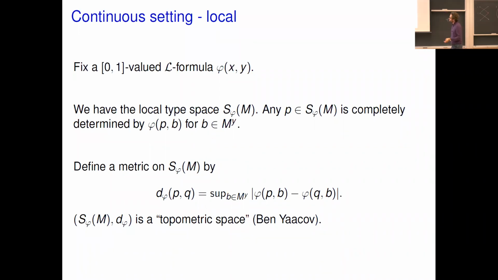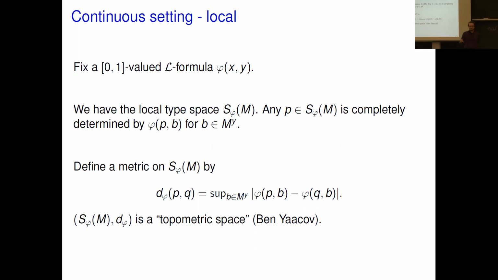Then you can define a metric on this type space, which I've denoted d_phi. If I have two phi-types p and q, it spits out the largest difference between any instance of phi, so the largest possible difference. If this is 0, that's saying p and q agree on all instances of phi, so they're the same.